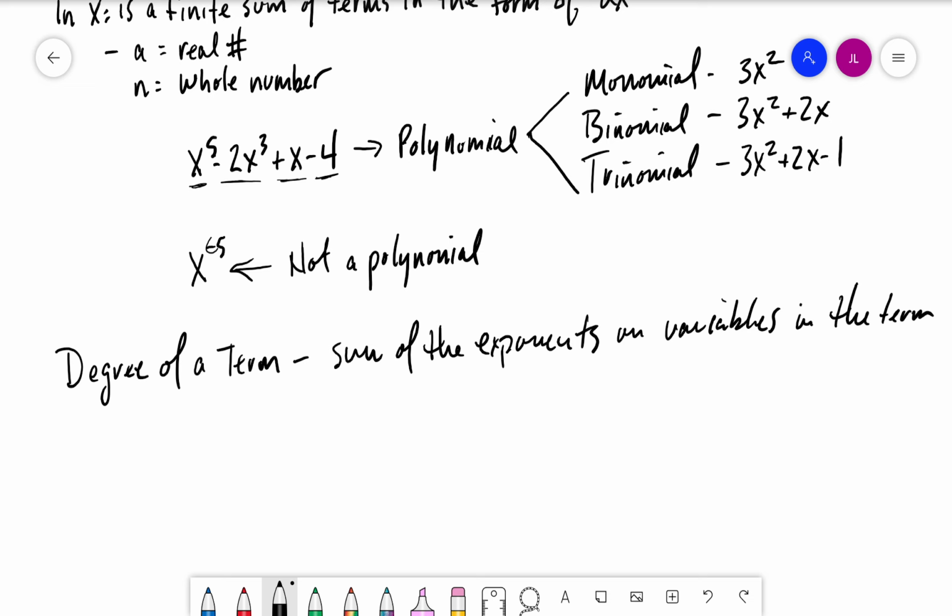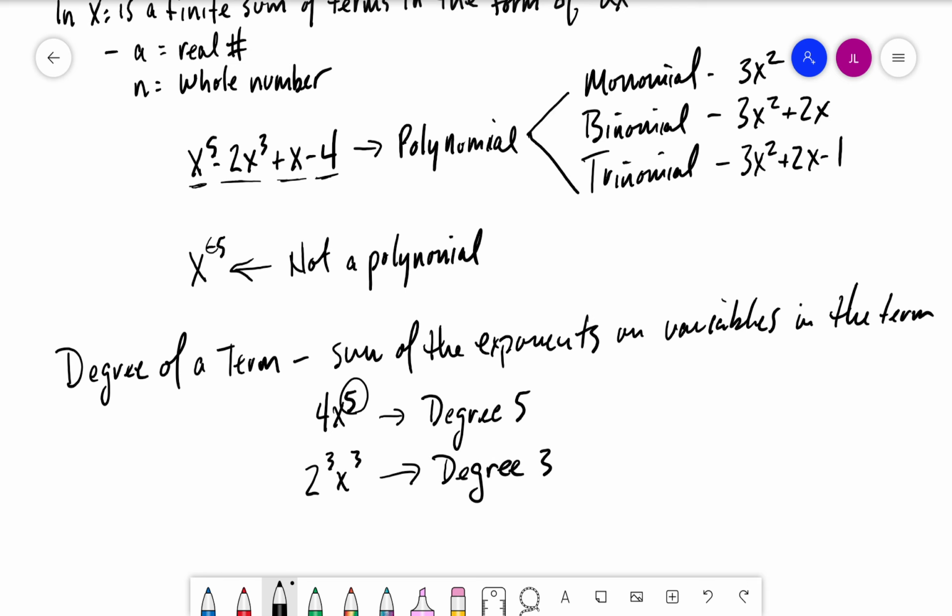So, for example, we have a monomial here, 4x to the fifth. What is the degree of this? The degree of this term is 5, because that's the exponent on the variable. Here's one: what if we have 2 cubed x to the third? The degree on this is 3, because we only use exponents that are on variables.